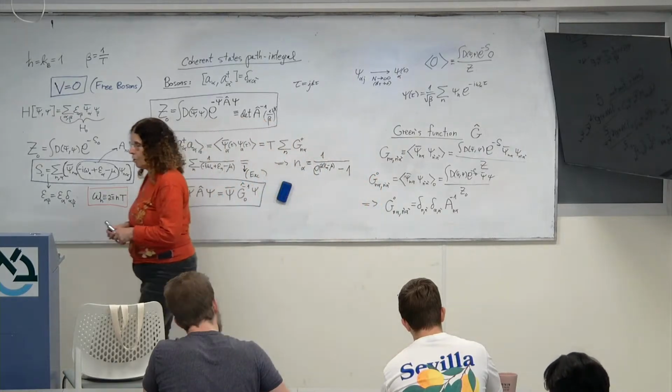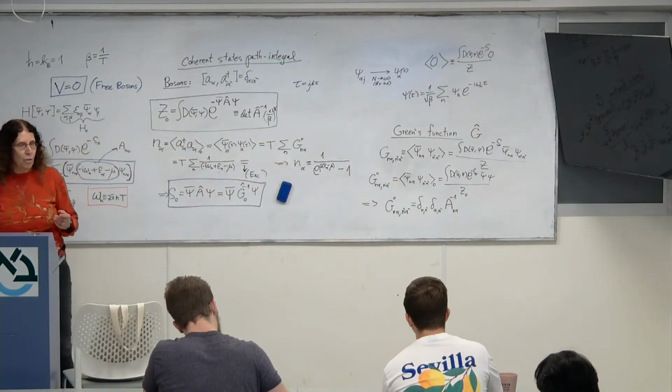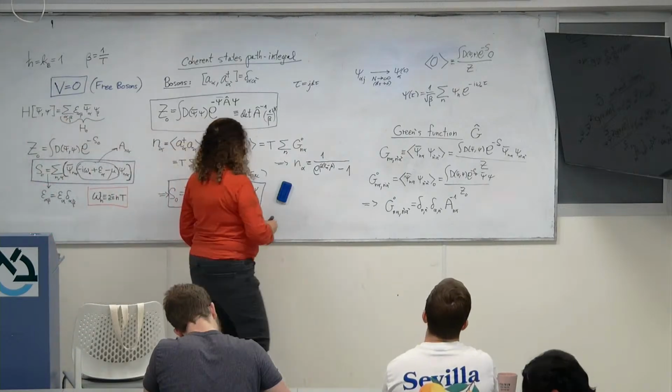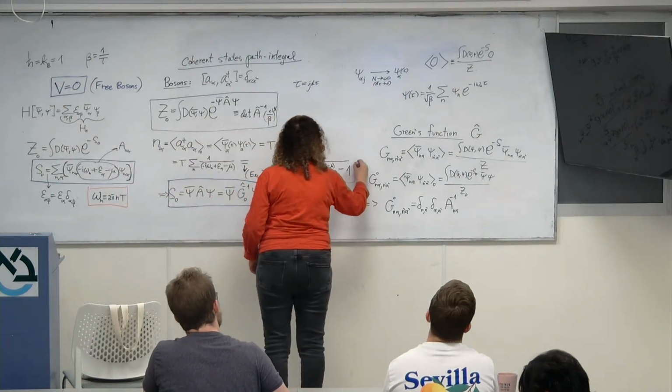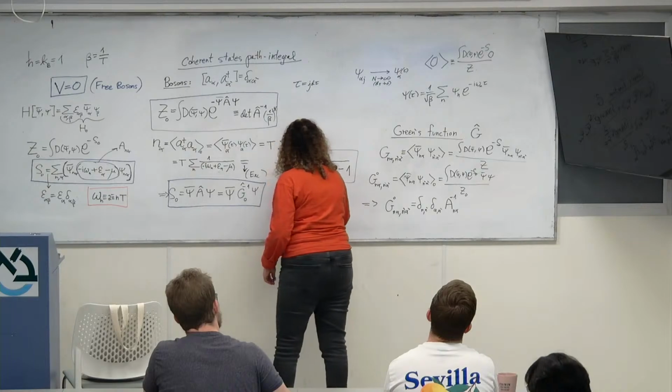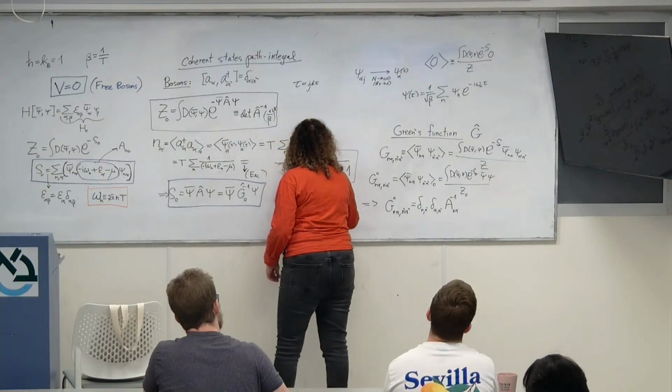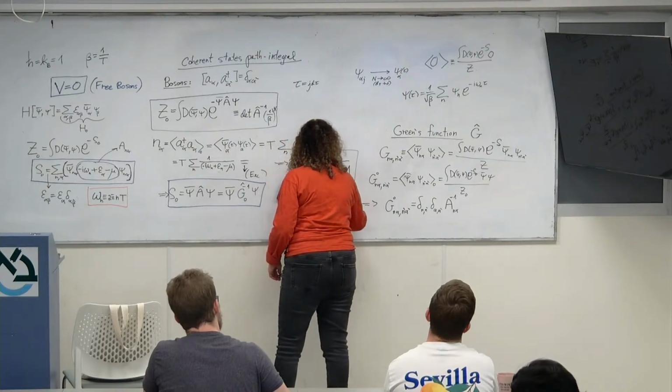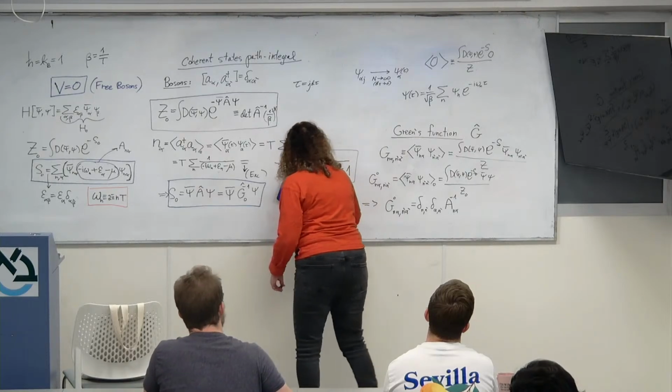And this is the so-called Bose-Einstein formula, or Bose-Einstein distribution.